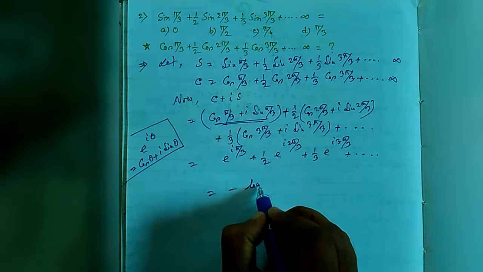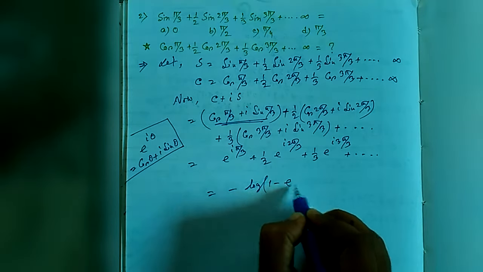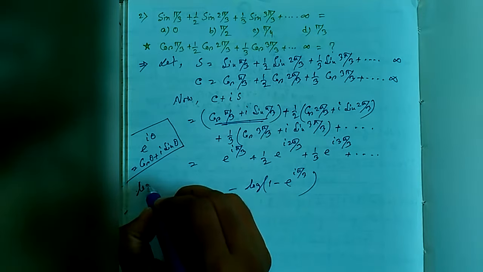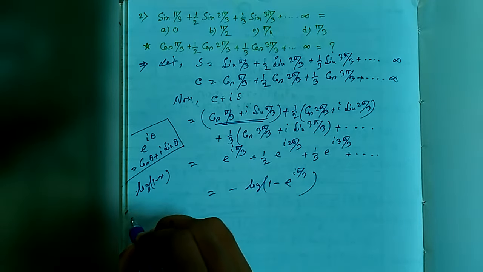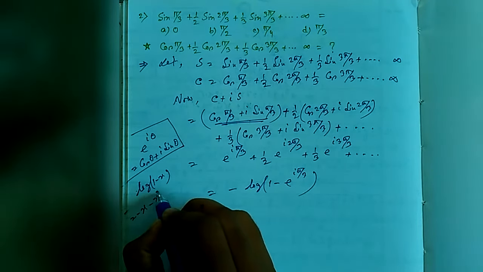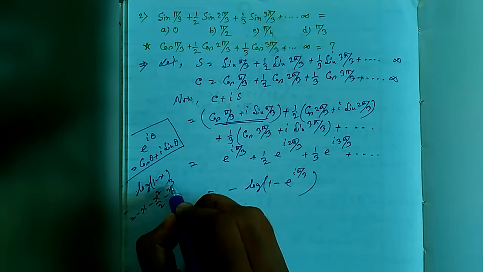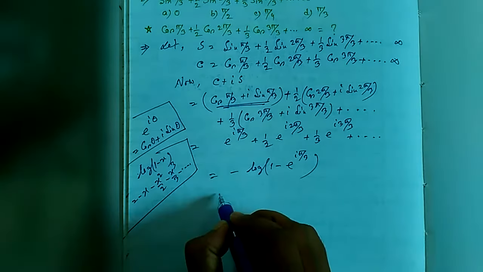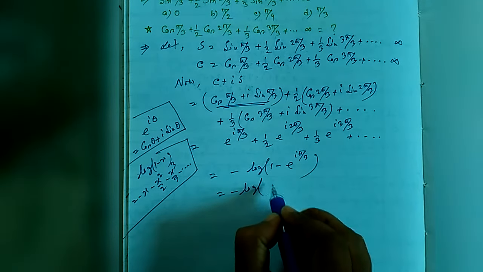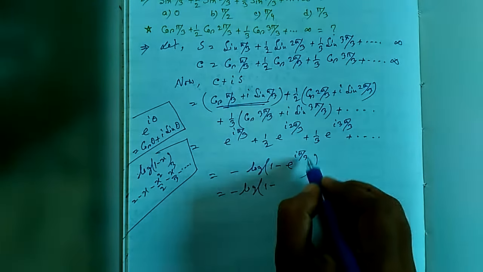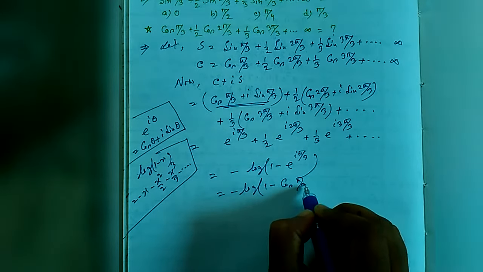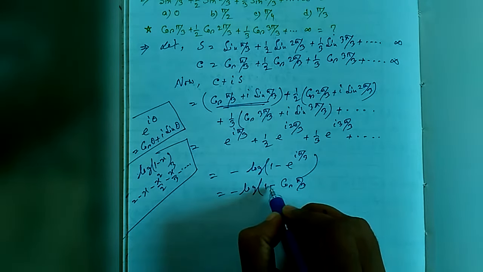This will be minus log of 1 minus e to the power i pi by 3, as log of 1 minus x equals minus x minus x square by 2 minus x cube by 3 minus dot dot dot. Again, if we break this, e to the power i theta means cos theta plus i sin theta, so minus i sin pi by 3.